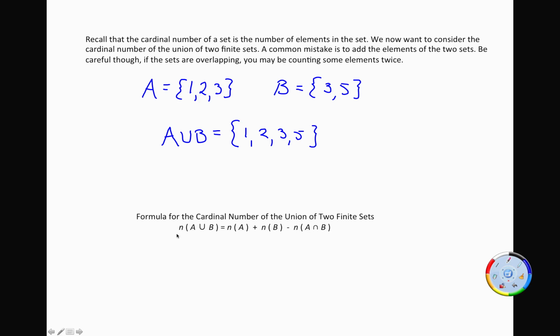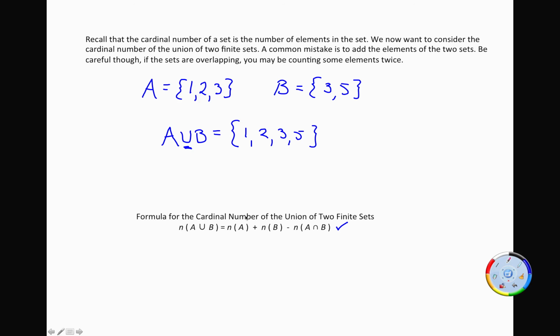So here's a formula for the cardinal number of the union, the union being the or, for the union of two finite sets. And this is going to be an important formula. We're going to use this in some other applications later in the course.